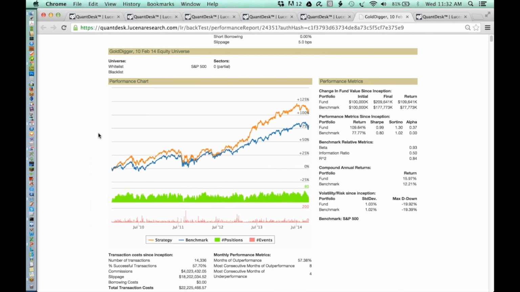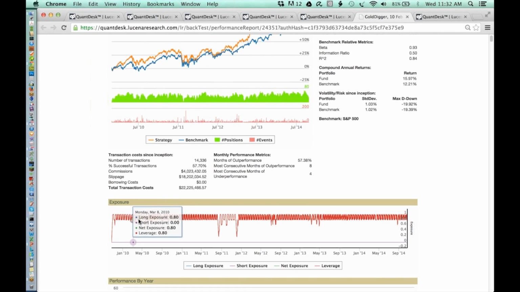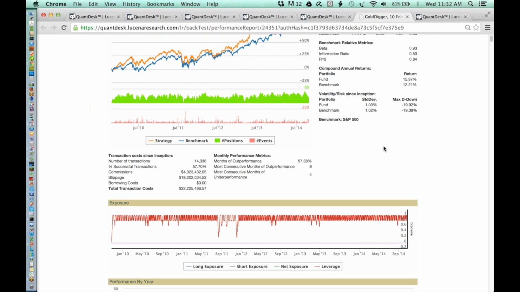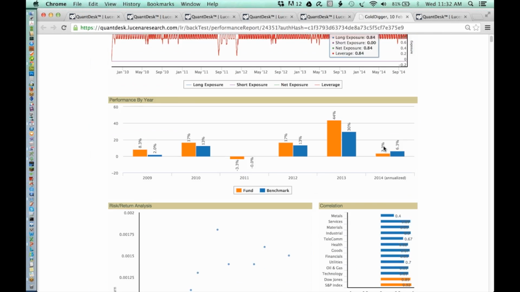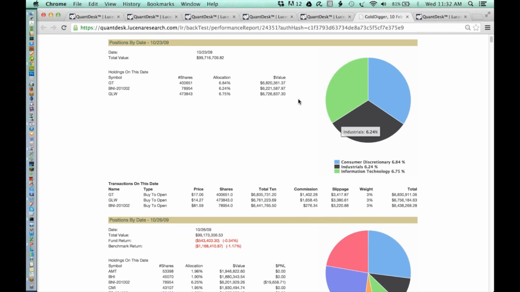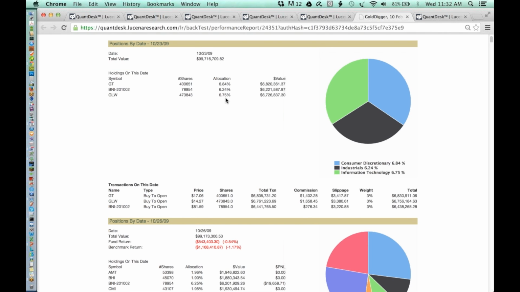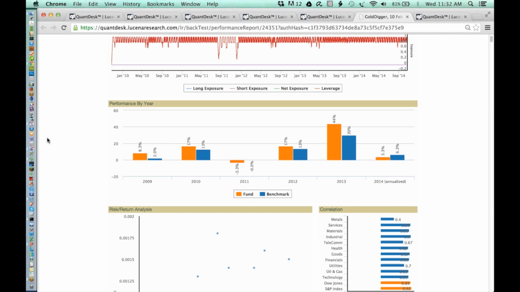Our backtest also provides what leverage you're looking at on any particular day, many statistics such as Sharpe ratio and volatility, and we even show for each day in history what the transactions were, how much we would have allocated, and so on. So that's one nugget that we've created.